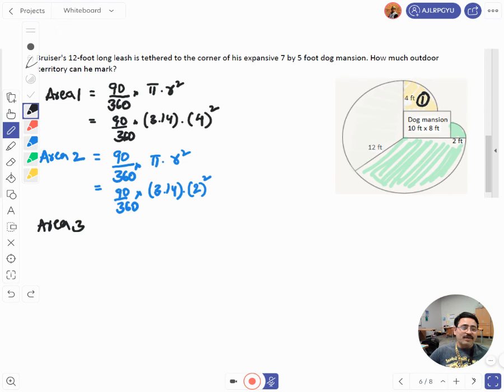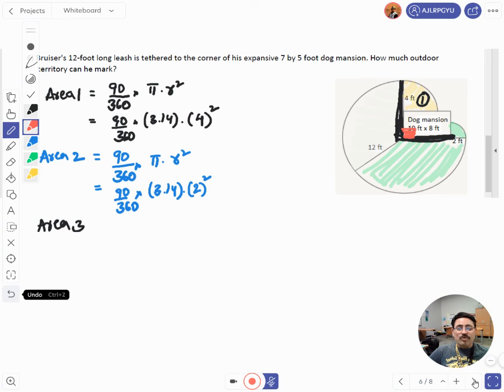If I exclude this L shape, please remember the L shape means 90 degrees.